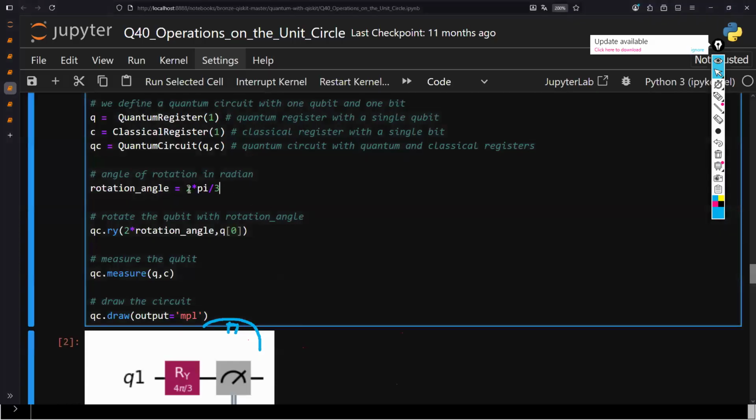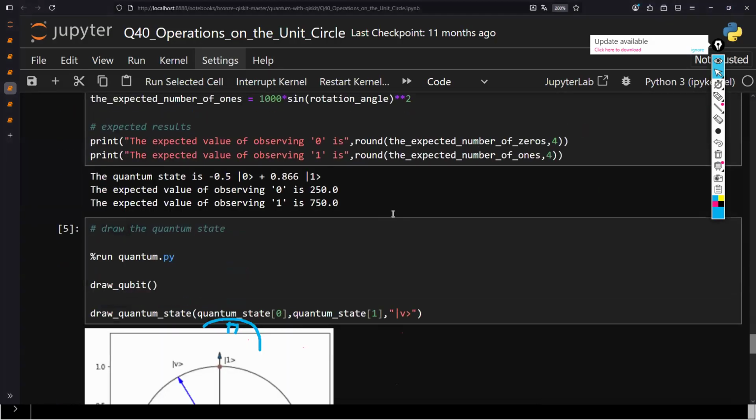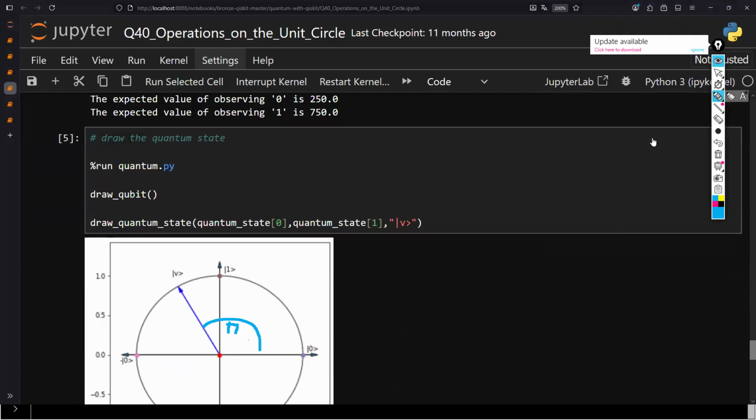Yes. So we applied 2 pi over 3, and in this gate, it actually showed 4 pi over 3. And this is what we applied. So this is how you can get to the state that isn't exactly the fair coin, if the fair coin isn't what you want.